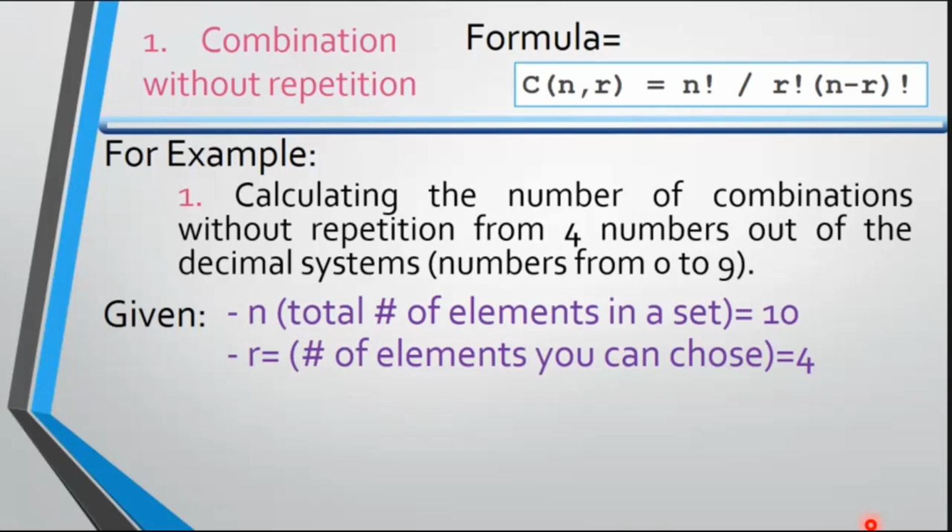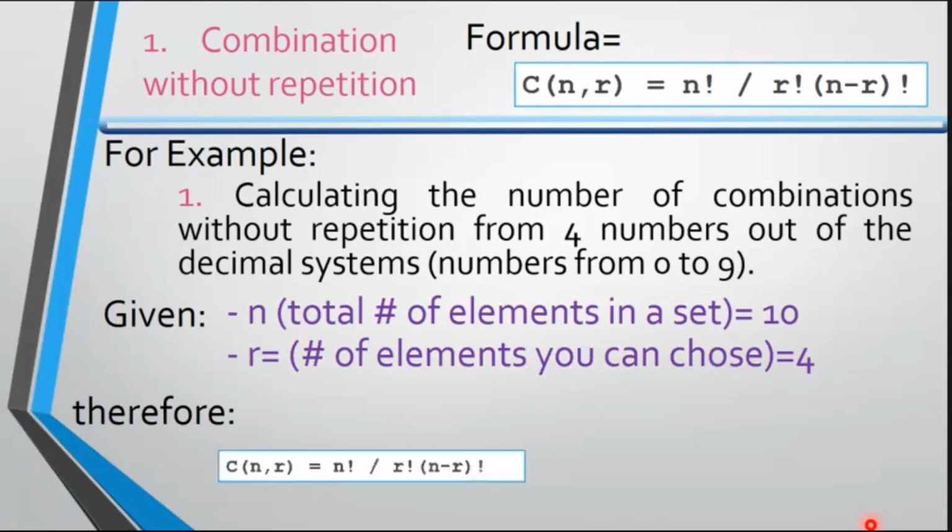So 10 silang lahat. For r here, which is our number of elements you can choose, is 4, from our question, 4 numbers. So therefore, from our given, we can substitute now to our formula.